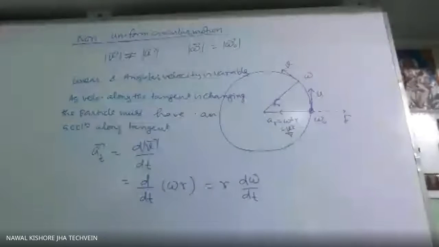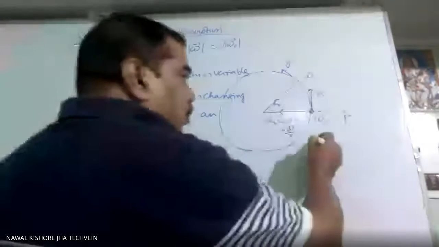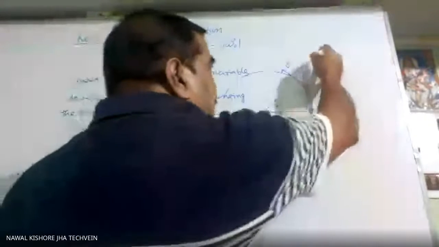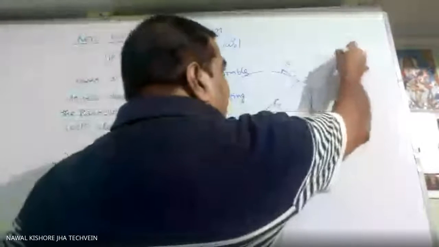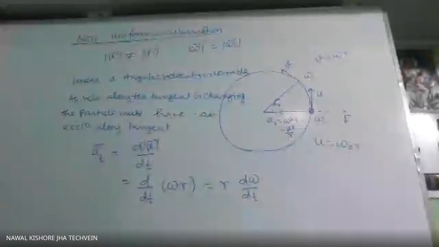At any instant, if you are calculating instantaneous linear velocity, that is always equal to omega r. Here, u will be equal to omega naught r. Here, v will be omega r. At t equal to 0, suppose the angular velocity is omega naught. At t equal to t, the angular velocity is omega. So angular velocity will also keep on changing.